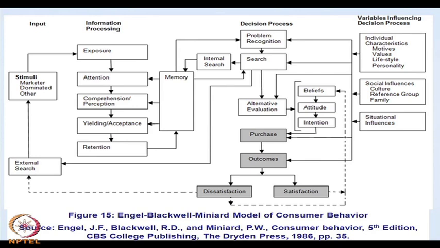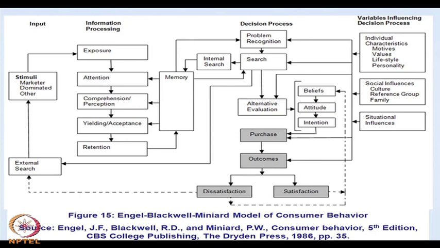These variables could be individual characteristics in the form of motives, values, lifestyle and personality. They could also be in the form of social influences like culture, reference groups and family. So individual characteristics, social influences and situational characteristics affect each of the stages of the decision making process.